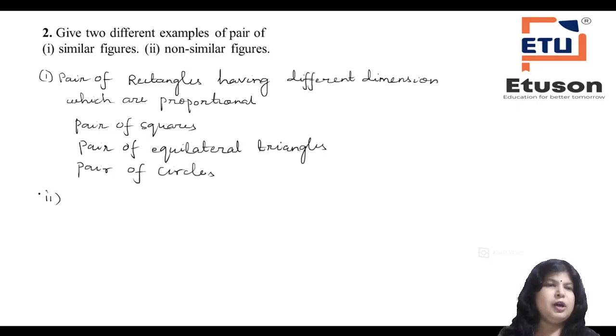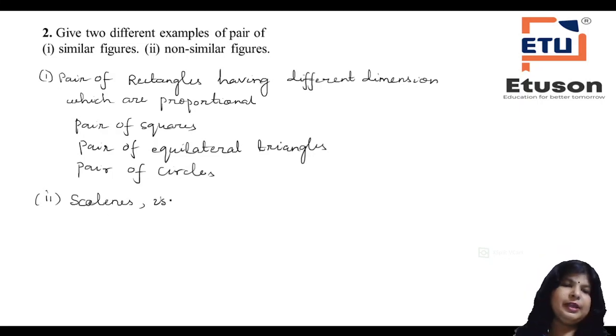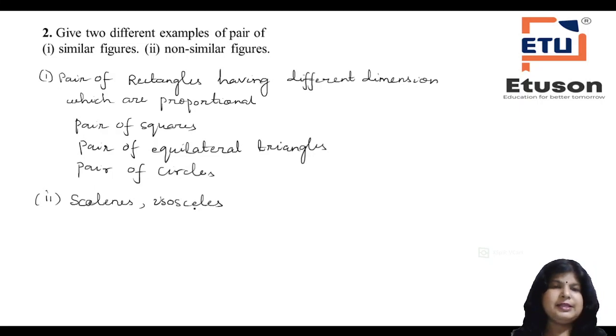So what about non-similar figures? For non-similar figures you can take scalene triangles. Scalene means the triangles whose sides are not all equal to each other. You can take an isosceles triangle, right?